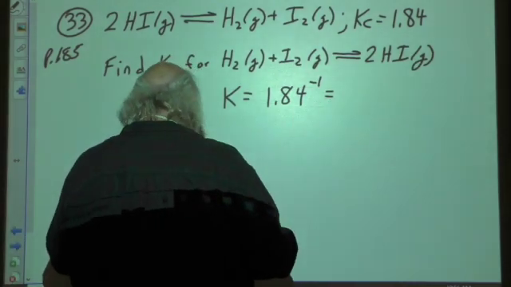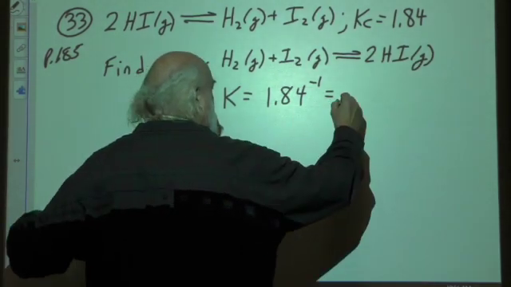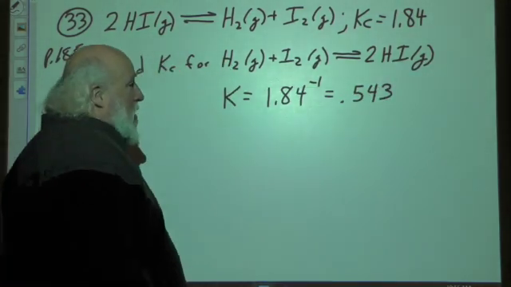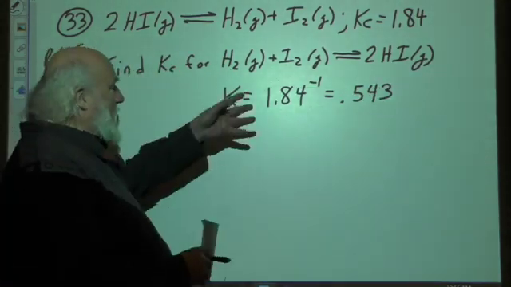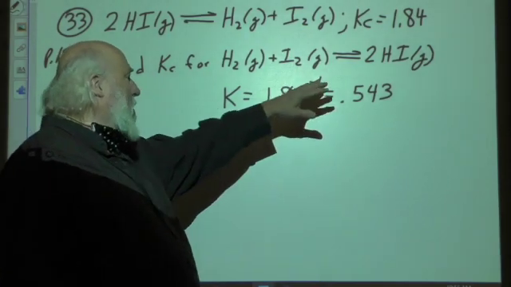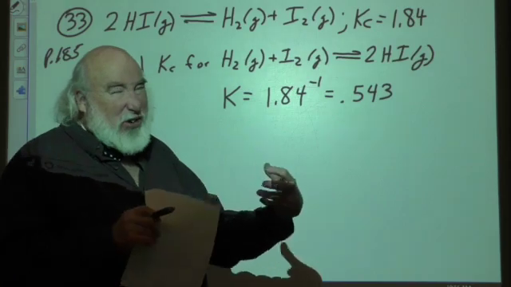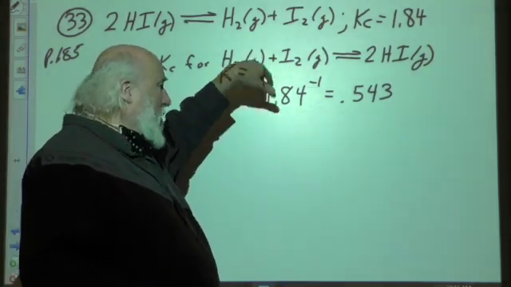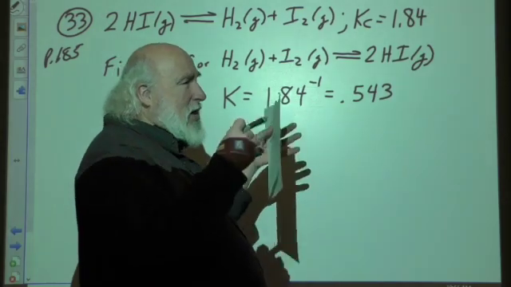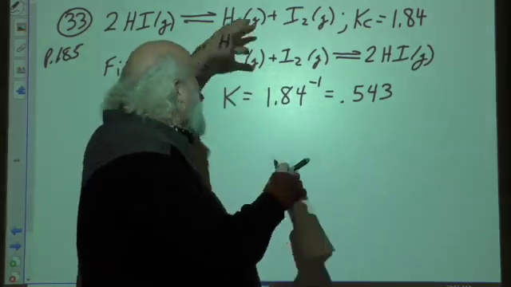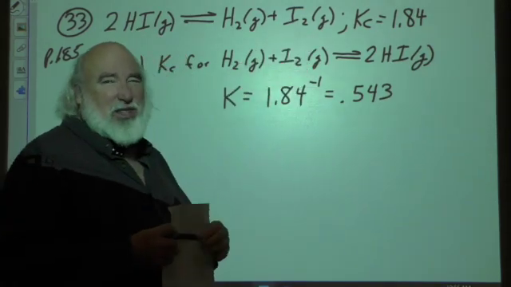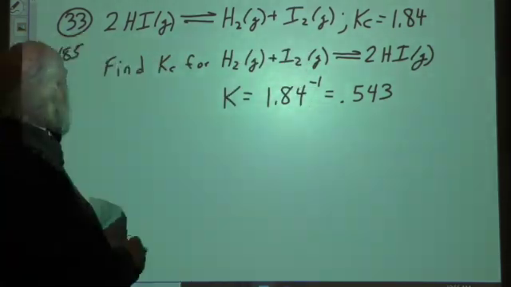And the value we get for this is 0.543. This is telling us that the way this is written, you don't have as much product as you have reactants, but it's very, very close. So it's going slightly to the left here, while the other is slightly going to the right, but not much. We just basically say these are both at equilibrium, just a tad in one of the two directions.